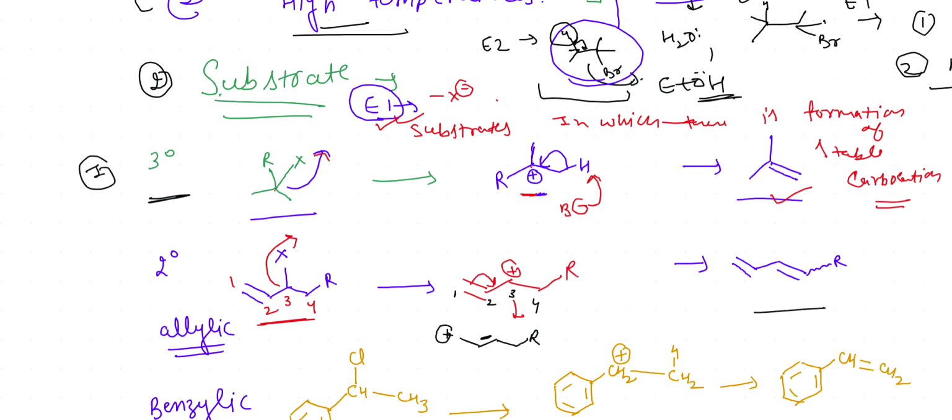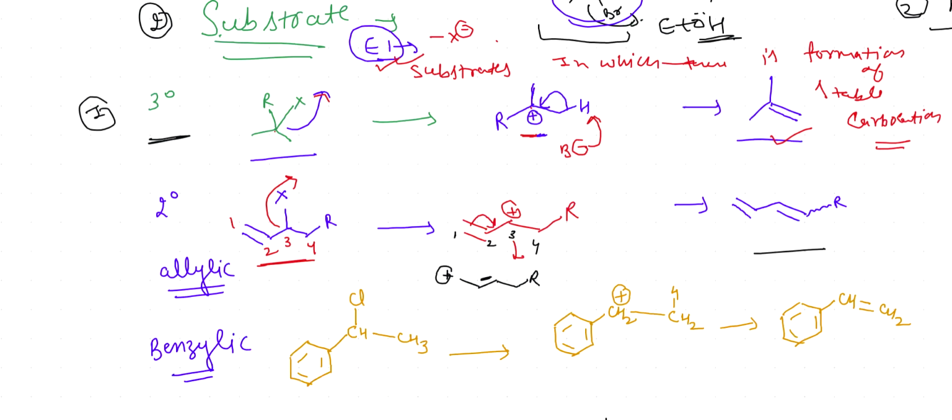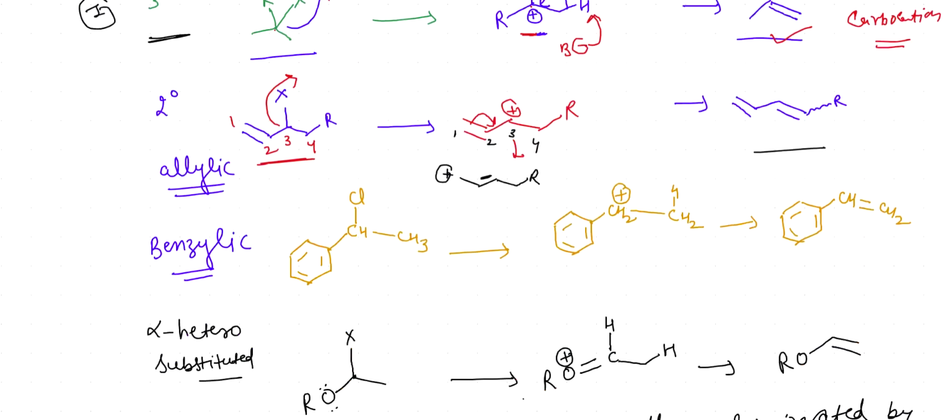Look at the next substrate here. This is benzyl chloride. If the leaving group is removed from here, then here also there is formation of a carbocation. This carbocation is stabilized by the pi electrons of benzene ring.